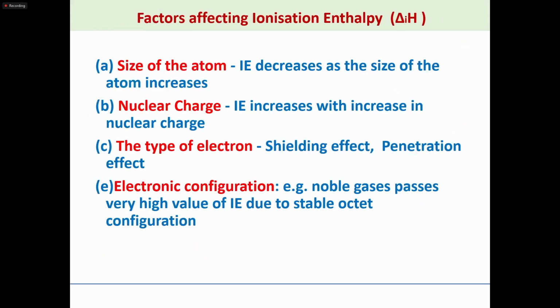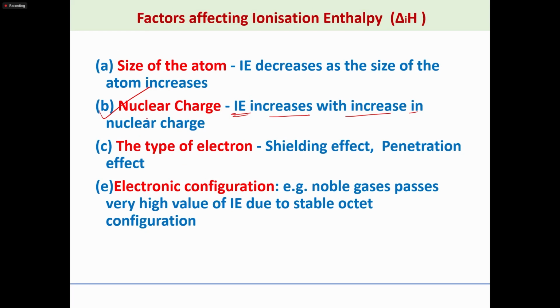So there are some factors, and I have already talked about the nuclear charge. When the nuclear charge increases, the effective nuclear charge also increases. When this effective nuclear charge increases, then the ionization energy also increases.